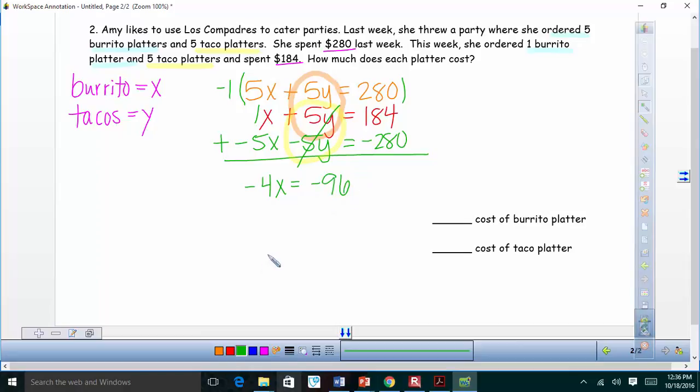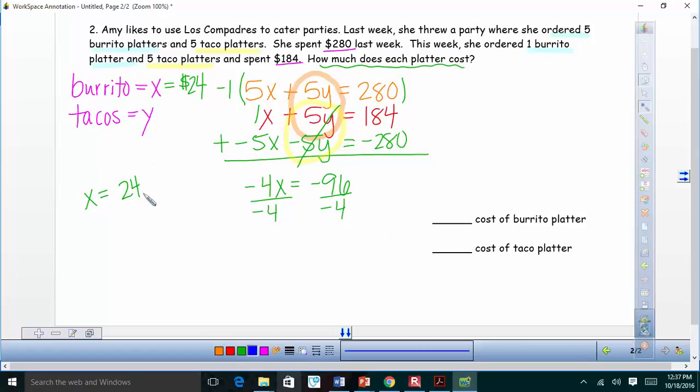Okay, and how do I get x by itself? Divide by a -4. Okay, so x would equal, what? 24. So is that burritos or tacos? Burritos. Okay, so the burrito platter costs $24.